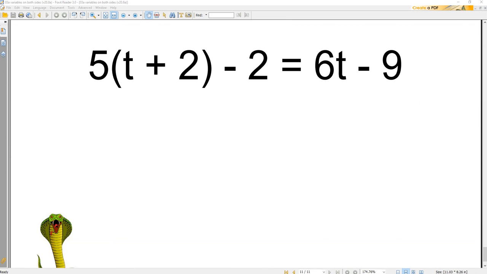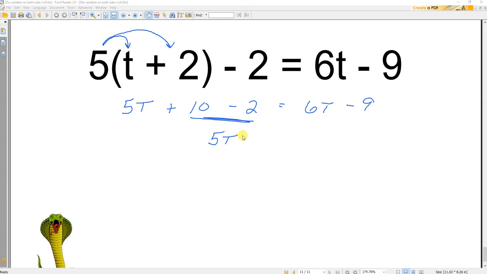Final one. Start with some distribution. 5t plus 10 minus 2 equals 6t minus 9. Now I'm going to combine those two terms. Now that I've simplified down both sides, I'm ready to start moving t's around.